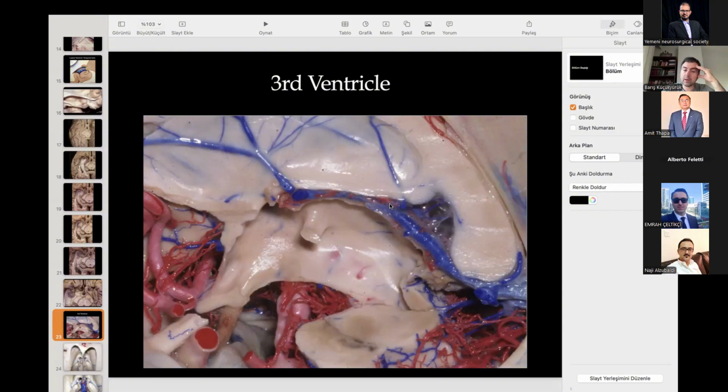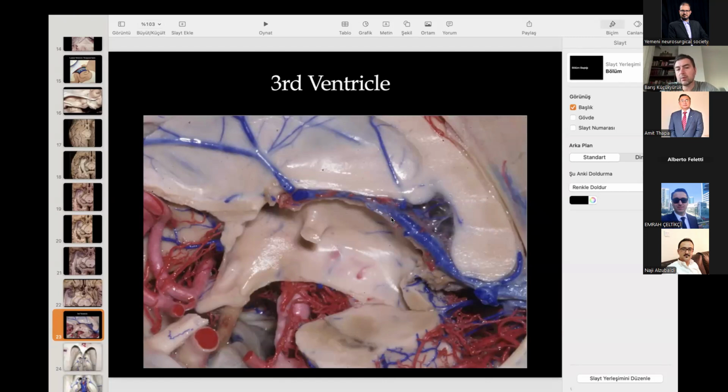The roof of the third ventricle is formed by four layers. The most upper one and the most inferior one are called the tela choroidea, which are arachnoid-like structures, which we see here. Of the middle ones, the second and third, one of them is a venous structure and the other is an arterial structure.